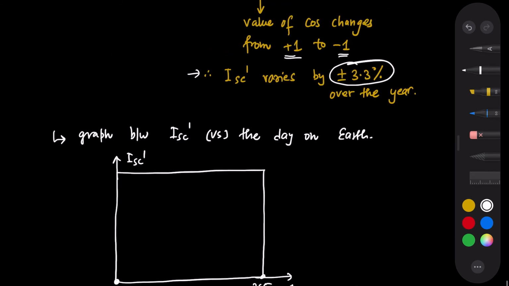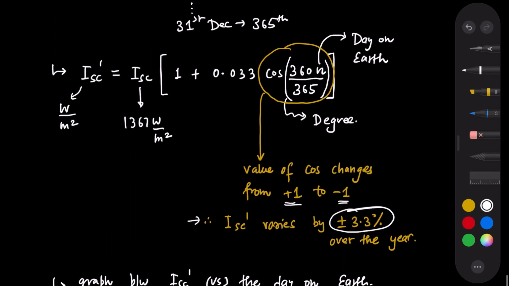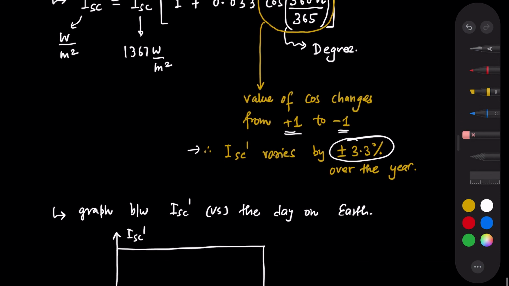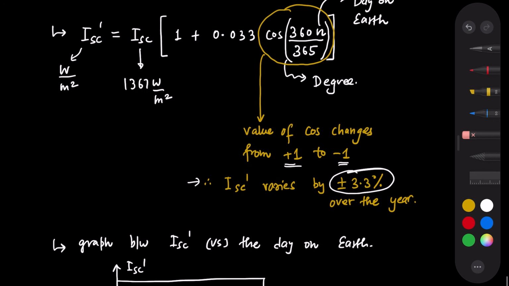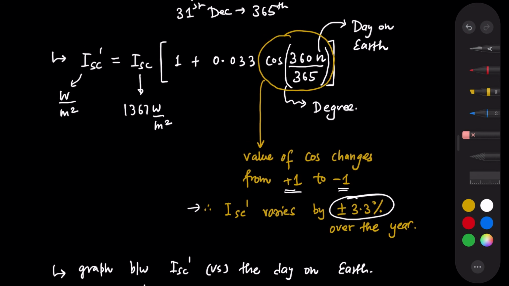Now if I put the value of n equal to 1 here, so cos 360 by 365 is approximately equal to cos of 1 degree. Or if I consider cos of 0 degree, that is approximately equal to 1. Cos 0 is 1, we know that.